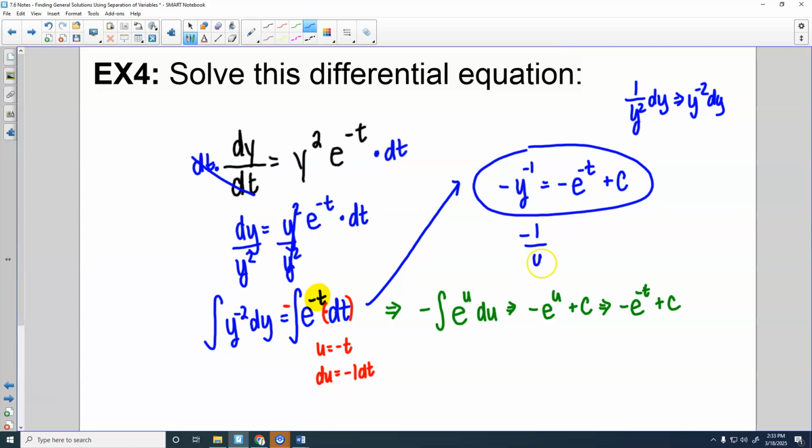Negative 1 over y equals negative e to the negative t plus c. I can't solve for y when it's in the denominator, so I would need to multiply by y. Make sure you're multiplying this whole expression by y. And so I got negative 1 equals y times negative e to the negative t plus c.